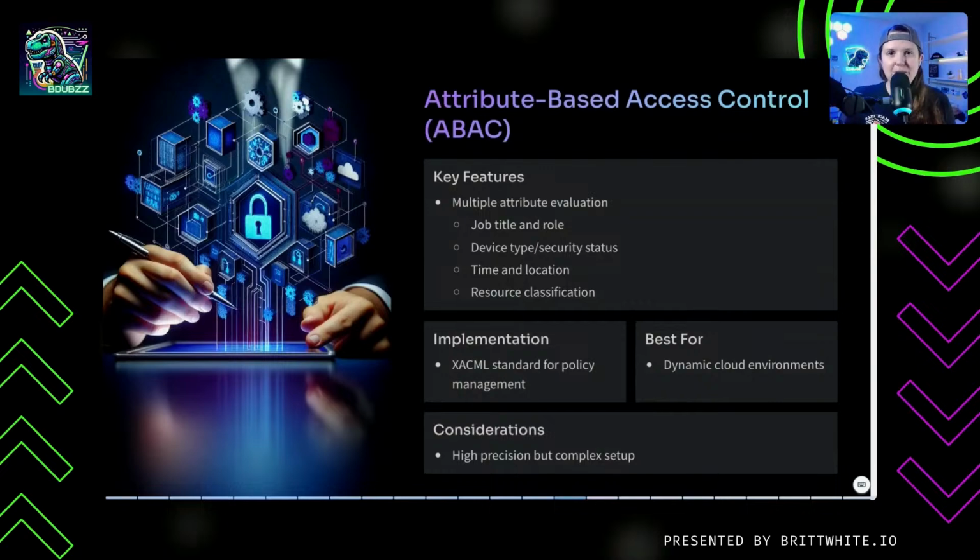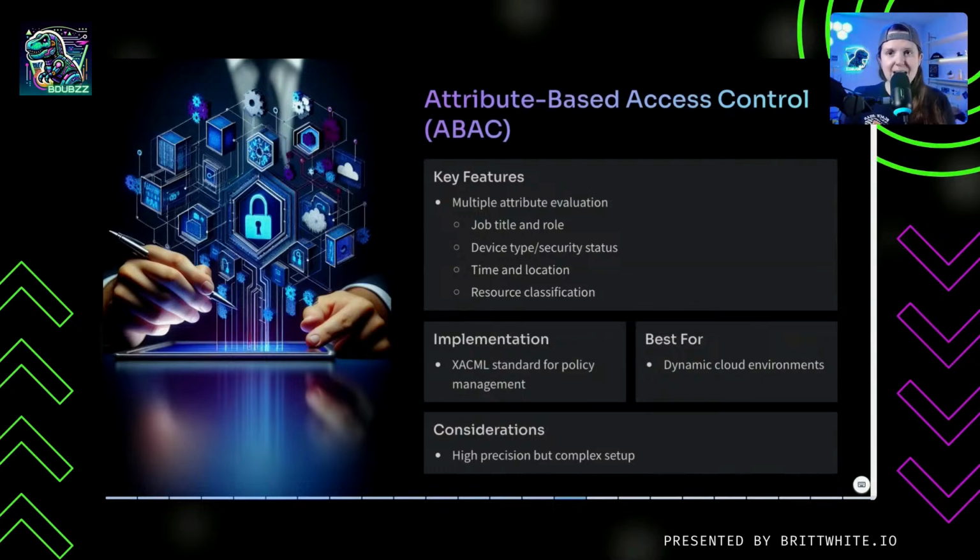It's perfect for dynamic environments like cloud applications where simple role-based rules just aren't enough. For example, if your policy states that managers using company laptops can access budget sheets, but only during work hours and from corporate networks, that's super granular. Unlike RBAC, which only looks at roles, ABAC evaluates multiple attributes to make more sophisticated decisions.